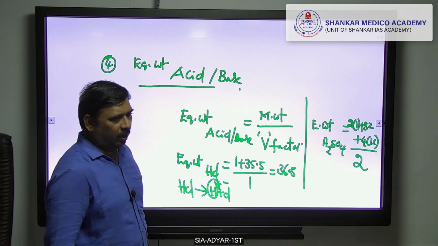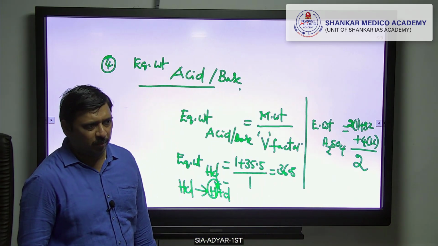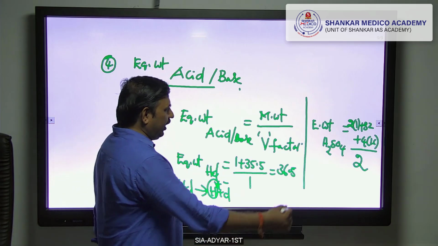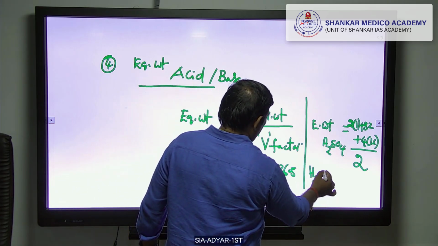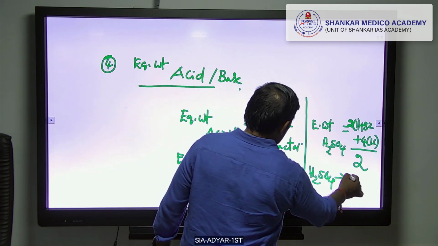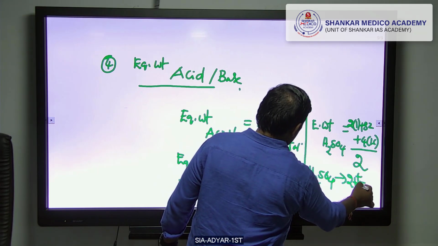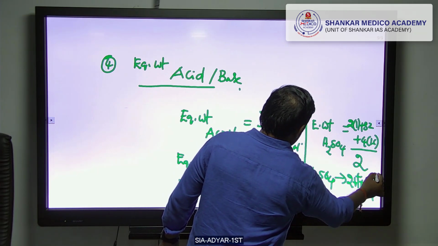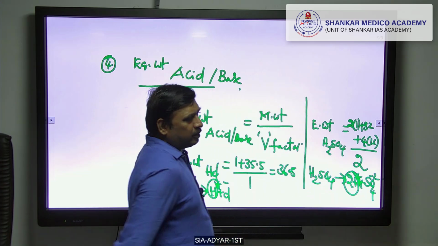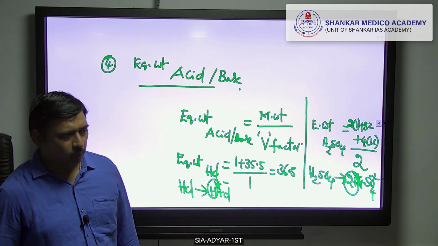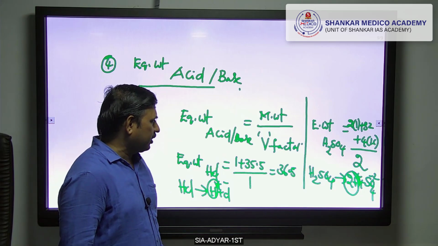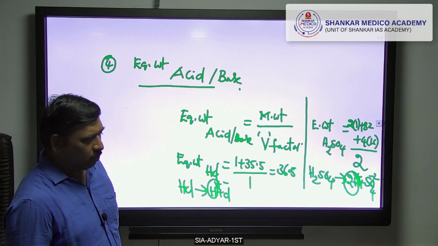That is the n factor or valency factor for H2SO4, equal to 2. Why is the n factor 2? Per molecule, H2SO4 produces 2 H plus and a sulfate anion. The number of replaceable H plus ions is 2. So the n factor or valency factor of H2SO4 is 2.